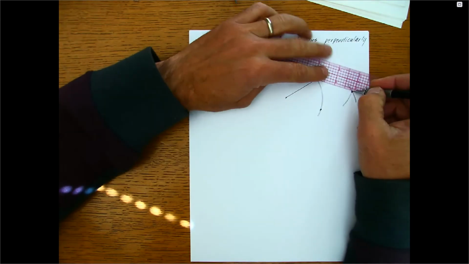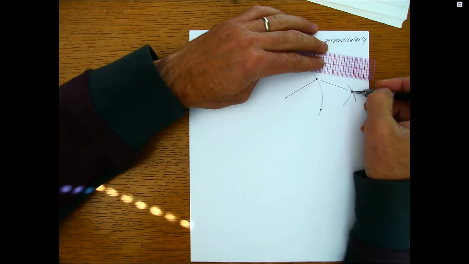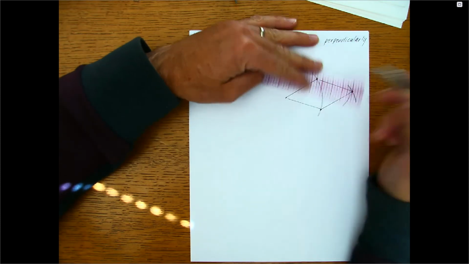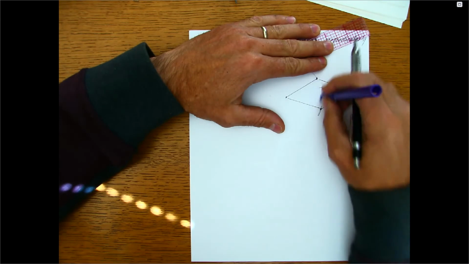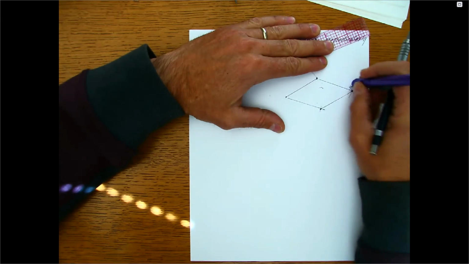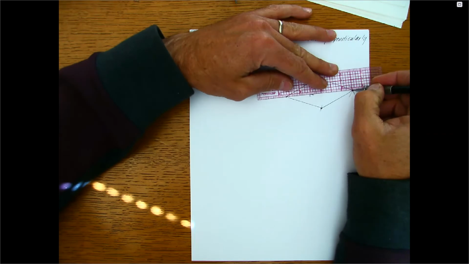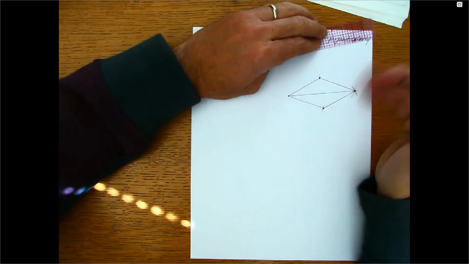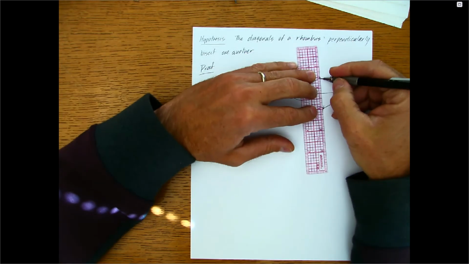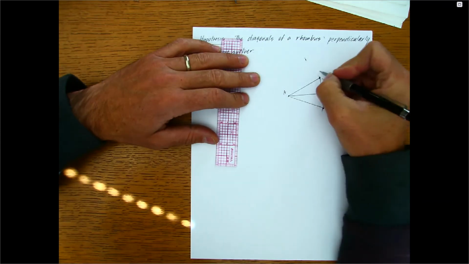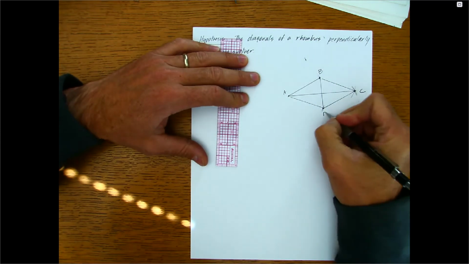So we're getting a little bit of a compass and straight edge construction instruction here as well, how to draw a rhombus. There's our rhombus. Kind of erase some of this. And let's go ahead and draw in our rhombus. So I'll call this A, B, C, D.